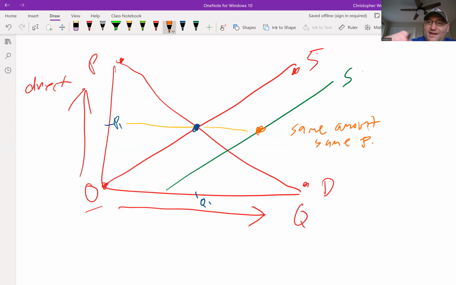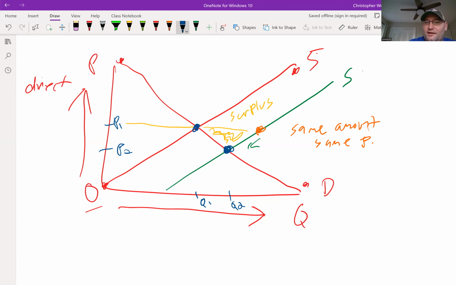Okay. But demand did not shift. So this area here, we'll do it in gold. Okay. We call that a surplus. And what happens is that puts downward pressure on the price to meet demand so that the new equilibrium is down here at a lower price point, price 2, but at a higher quantity, quantity 2.